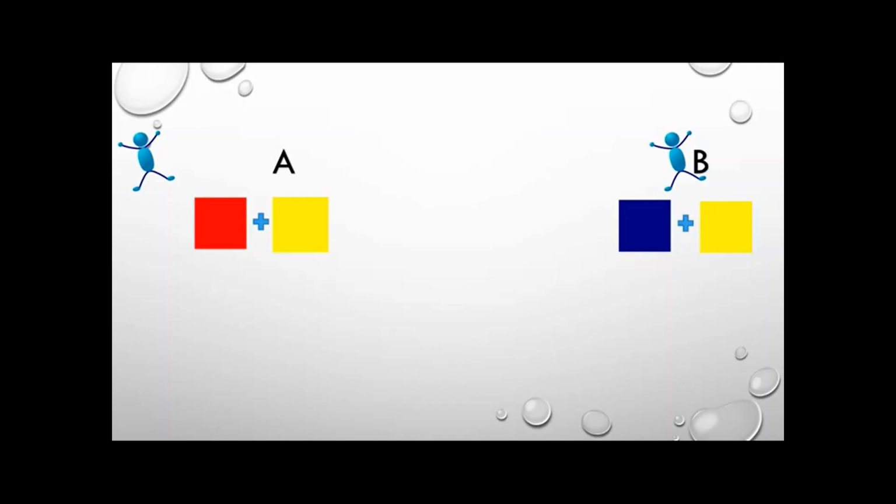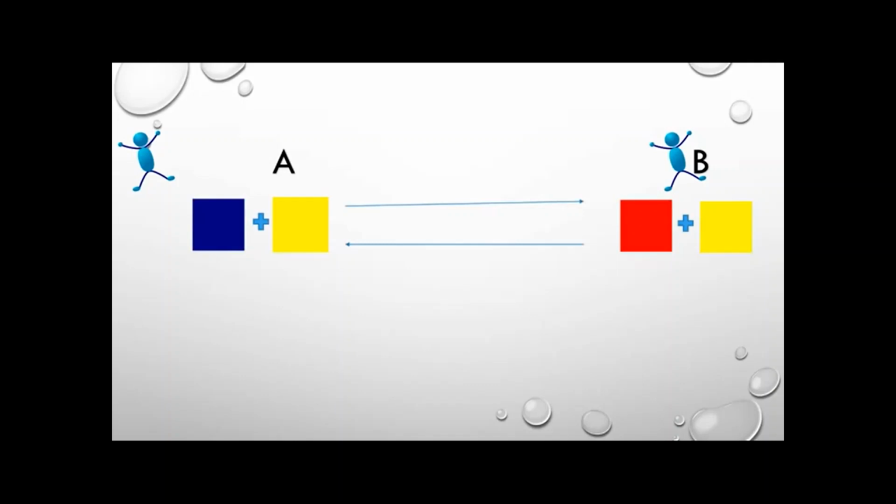Now when A is mixed with yellow, B does not know which colors the result is a combination of. So they both will interchange the combinations. They are not sending the private colors, they are only interchanging the combinations of the private color with the public color. Now they both have each other's combination.